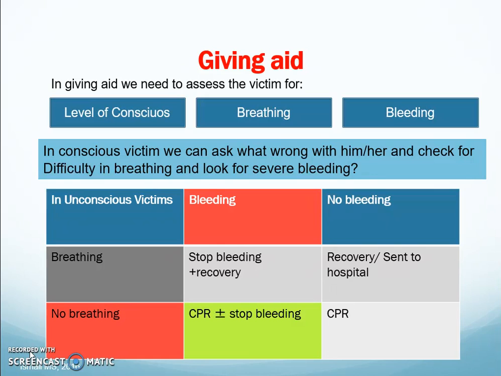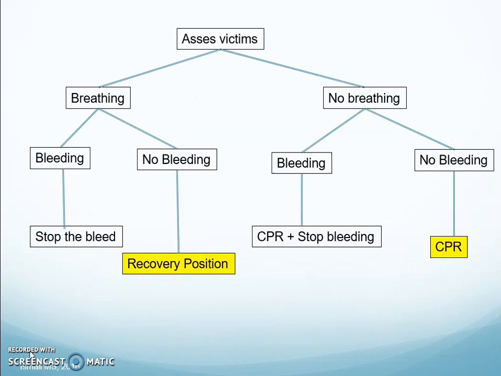So maybe you need to stop the bleed after you successfully perform the CPR and the patient's heart has started to pump again. Last but not least, if the patient is not breathing and there's no bleeding, you just concentrate on doing cardiopulmonary resuscitation or CPR.